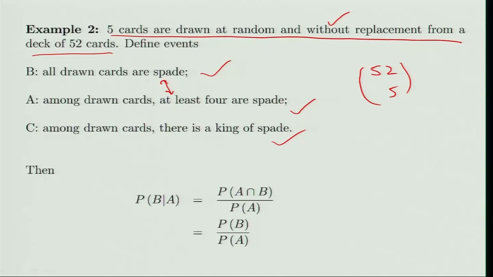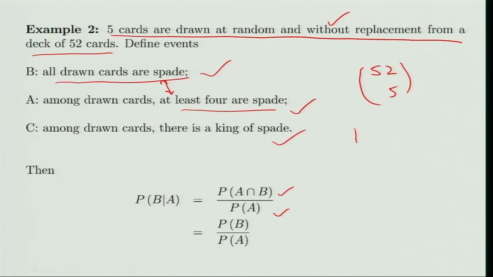So let us look at what is the probability of B given A. Probability of B given A is the same as probability of A intersection B divided by probability of A. But let us look at what is A intersection B. A says among drawn cards at least 4 are spade. B says all are spade. So if B holds, then anyway A holds, because all are spades implies that at least 4 are spades.